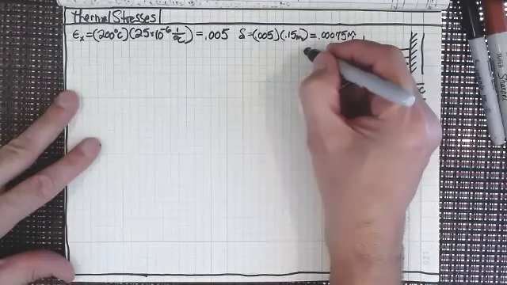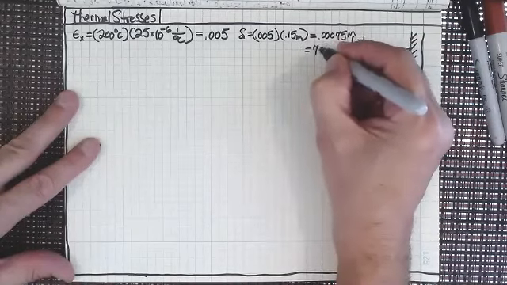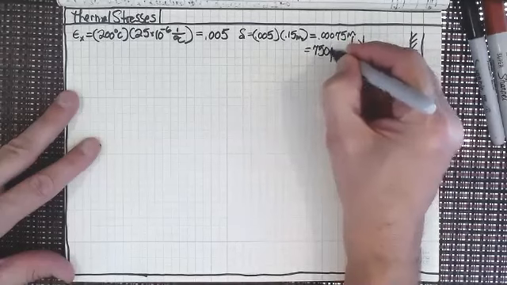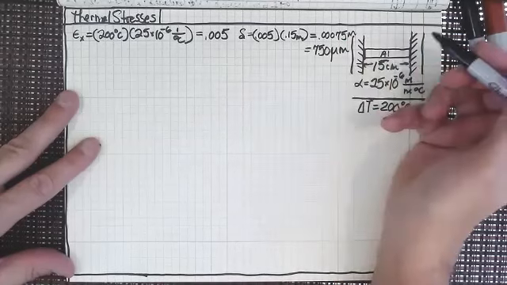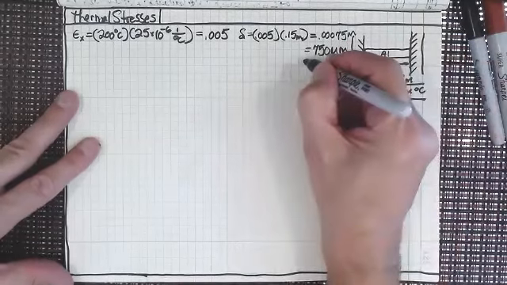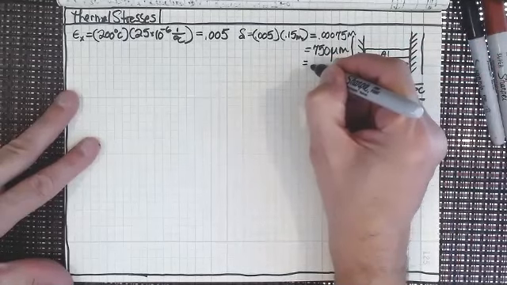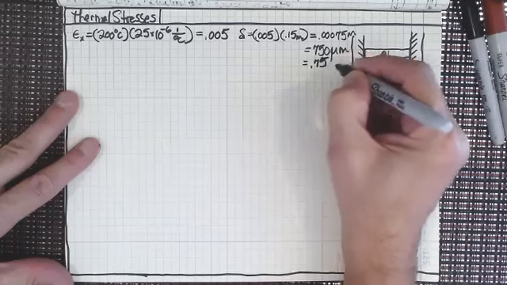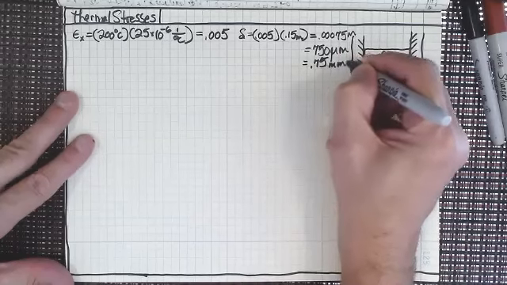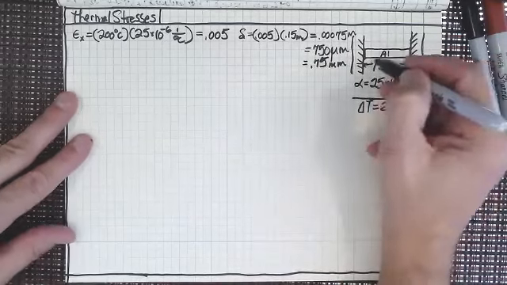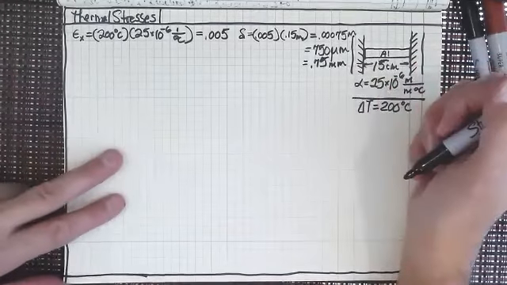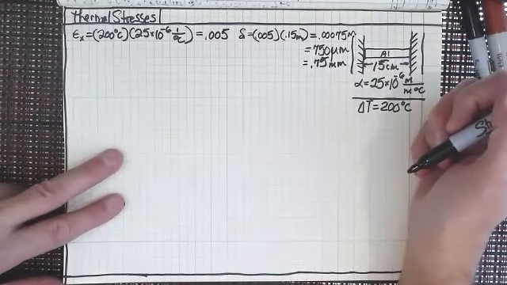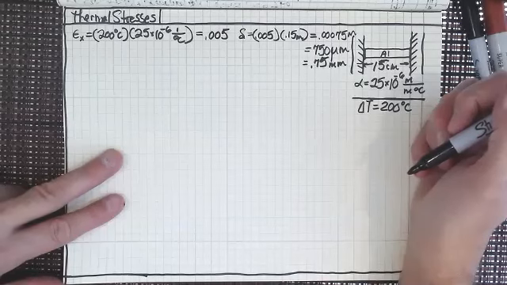No, of course not. That's 750 microns. That's how much that's going to push it apart, or about 0.75 millimeters. That's why you know that this would never work, would it? It would never work.